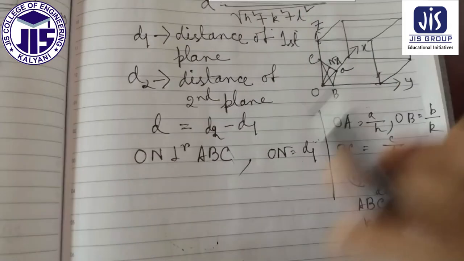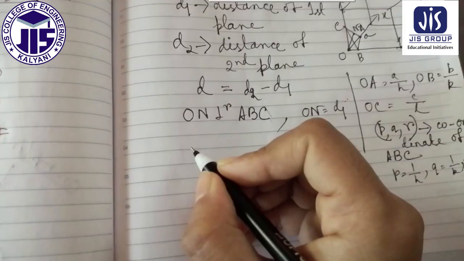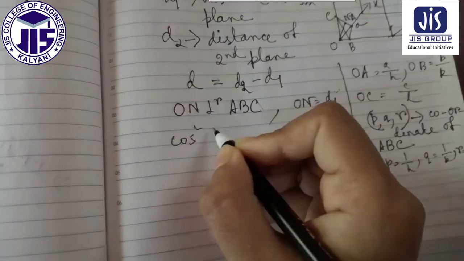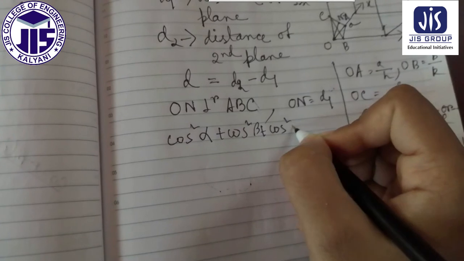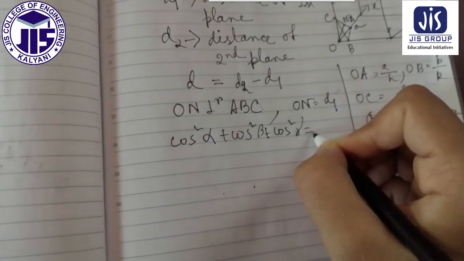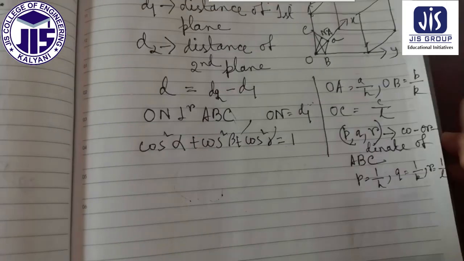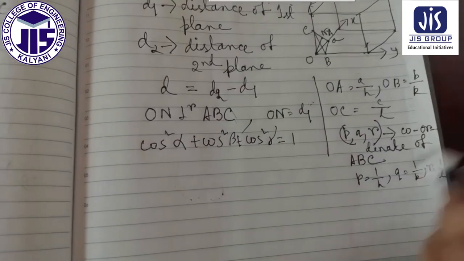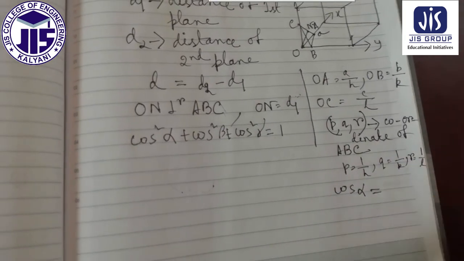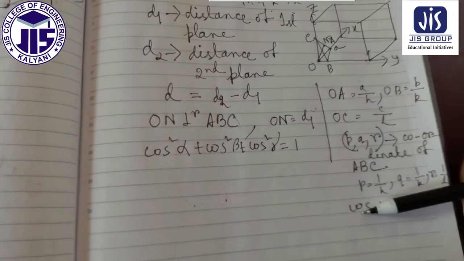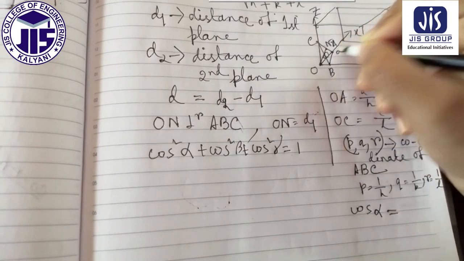Now can we write here first cos square alpha plus cos square beta plus cos square gamma is equal to 1. This is the formula, as we know. Now we have to calculate what cos alpha is. Before that, what is alpha? Alpha is the angle between ON and OA.